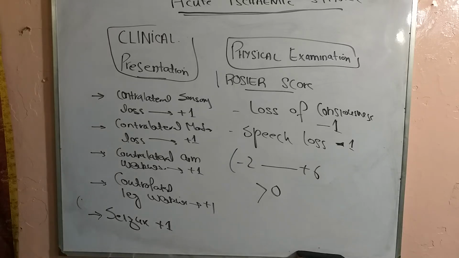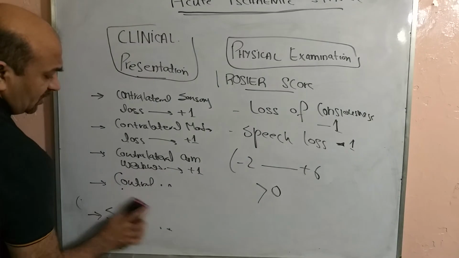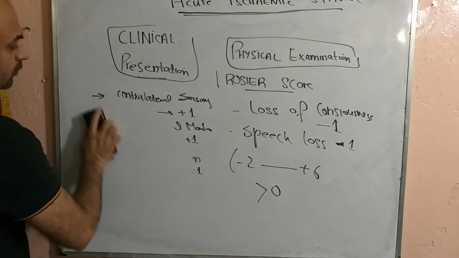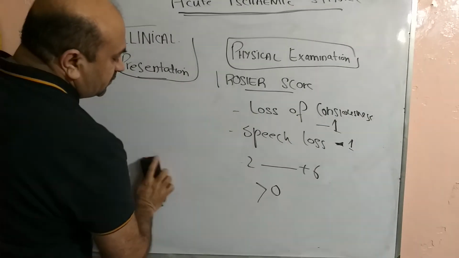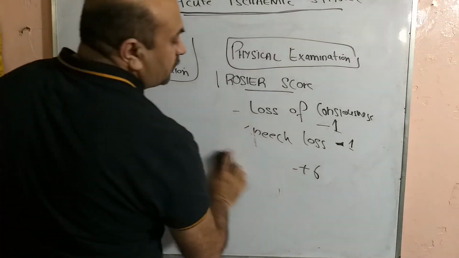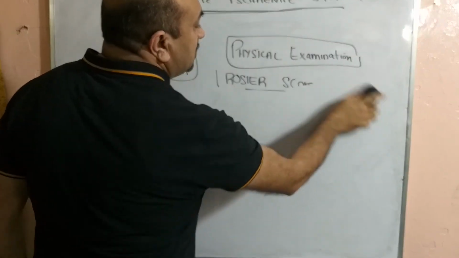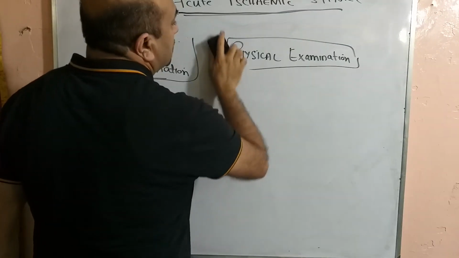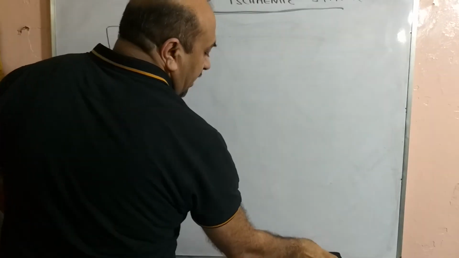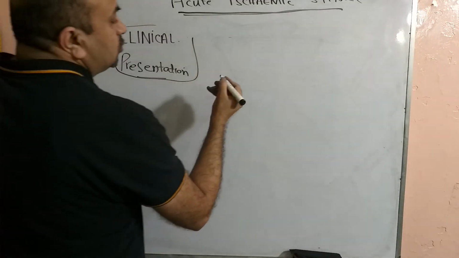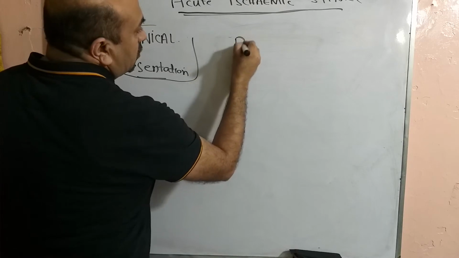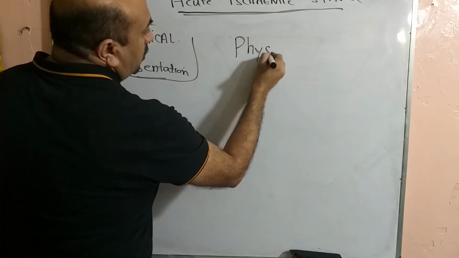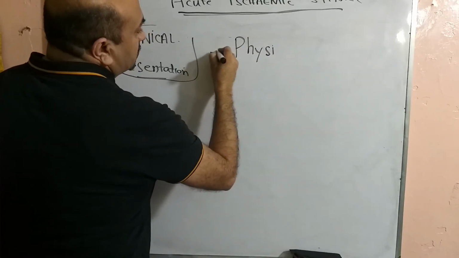Now, while checking the patient, after the ABC, obviously whenever you receive these patients in the emergency department, first you will always do the airway, breathing, circulation, because these patients do have disturbance of the conscious level sometimes. So always try to check the conscious level in them.